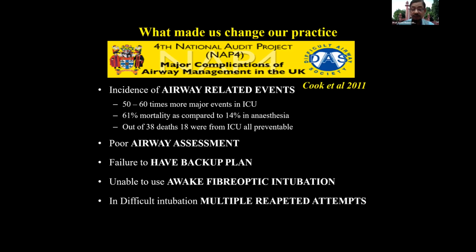And in a difficult situation, since you are going for multiple attempts, if you don't have a proper guideline, you are causing more trauma to the airway, and ultimately it becomes more difficult in intubating or in maintaining the airway. And finally, they have not used the supraglottic airway devices appropriately. So these are the problems which we encountered in the NAP4, and naturally we need to change.